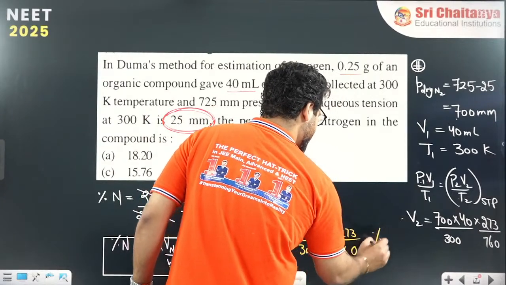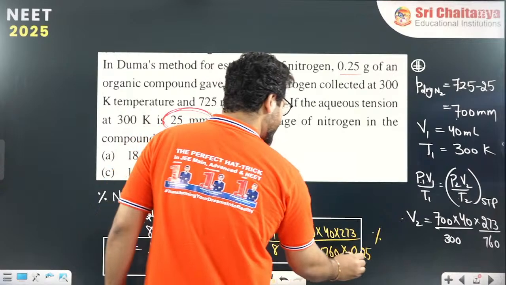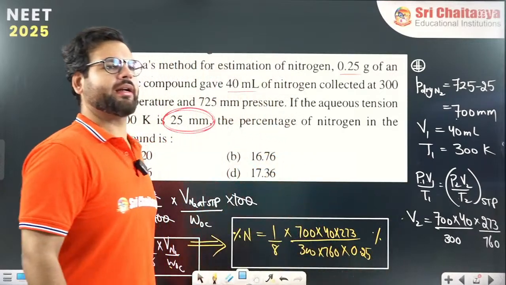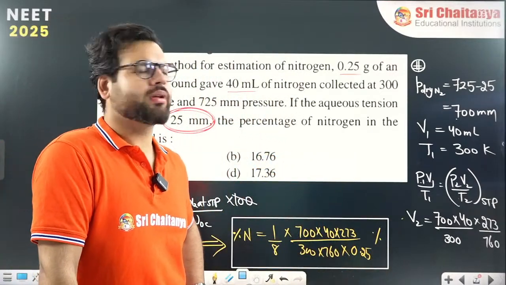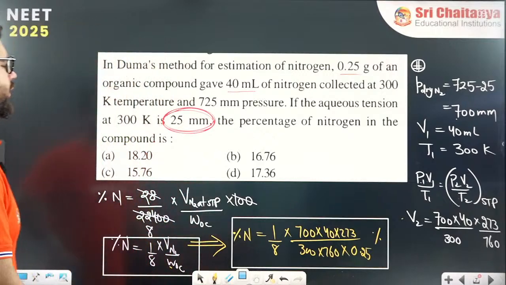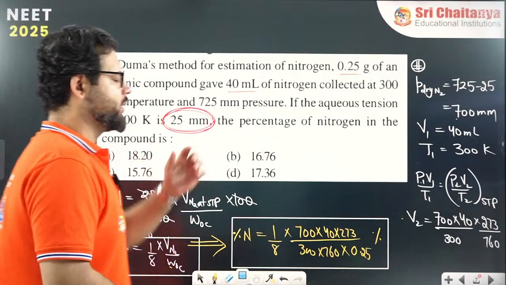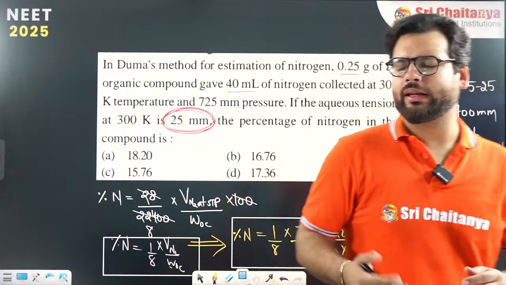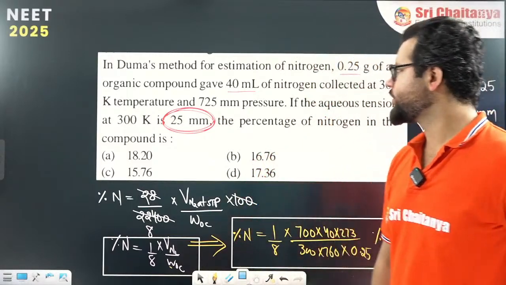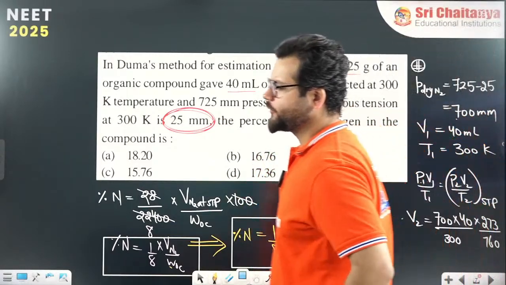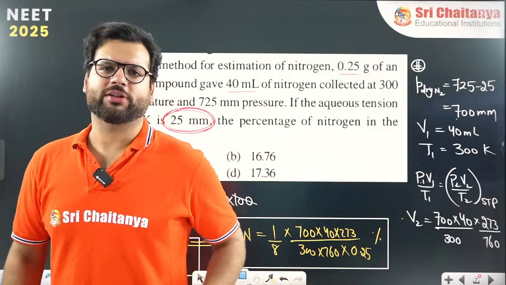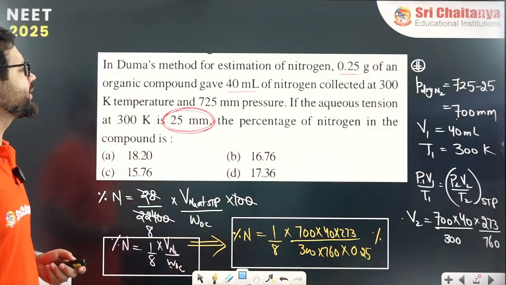This is the percentage of nitrogen. Calculations are going to be a little intensive here, will take a little bit of time, but do the calculation part yourself and you will get your answer. Okay, so that's the next type of questions from GOC, General Organic Chemistry, which is from the quantitative analysis. Okay, I hope it is clear to everyone.